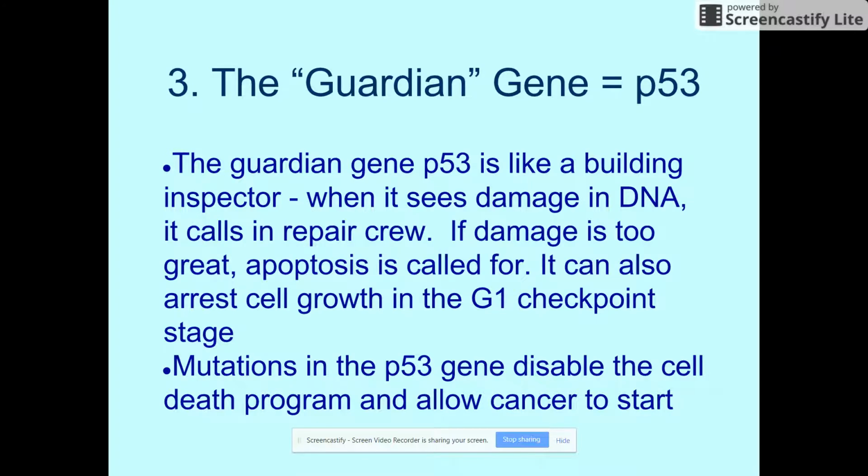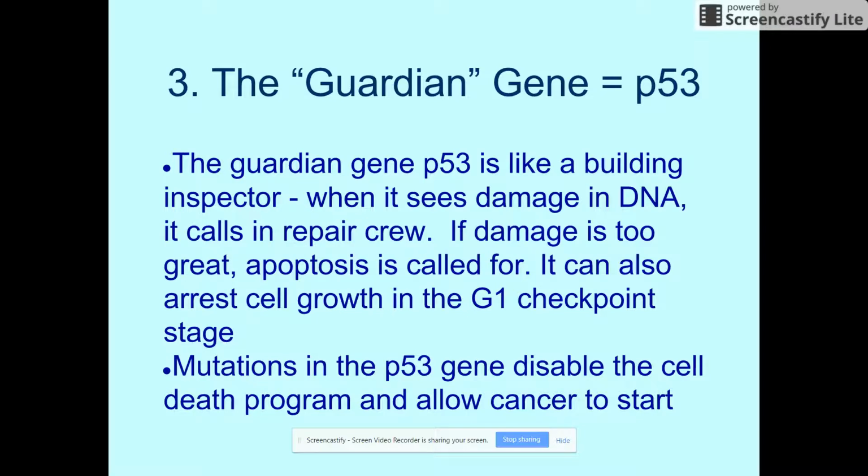If there is, P53 has the ability to incite an editing mechanism where we'll actually go through and repair that genome. But if the damage is too great, the P53 gene can also trigger the cell to go into apoptosis or to basically eliminate the cell.